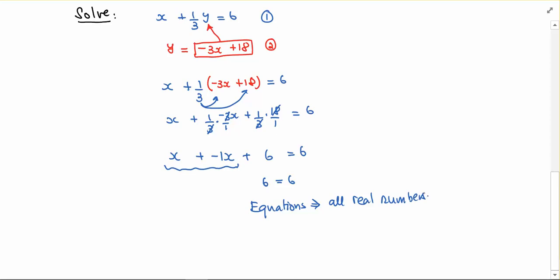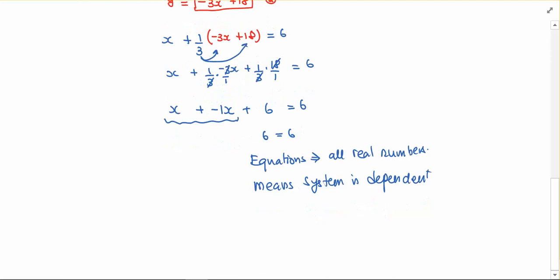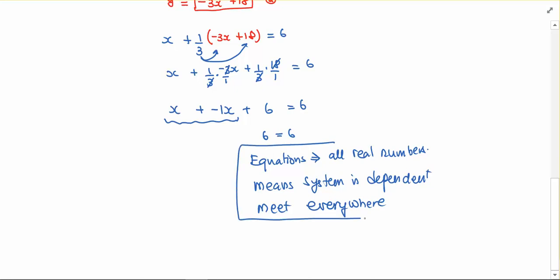And likewise, when it comes to systems of equations, this means the system is dependent, or they meet everywhere.